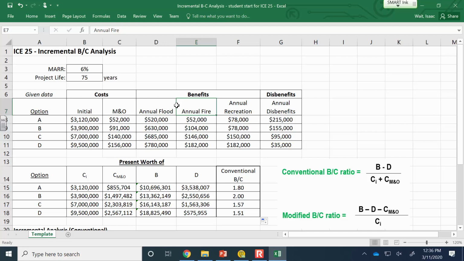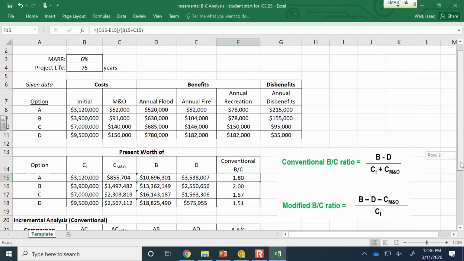And so we can annualize those benefits. Every year that it's used to protect against flooding, every year it's protecting against fire, the annual value of recreation, and then we take it all to the present, find the costs, benefits, disbenefits, so all of them are potentially acceptable.